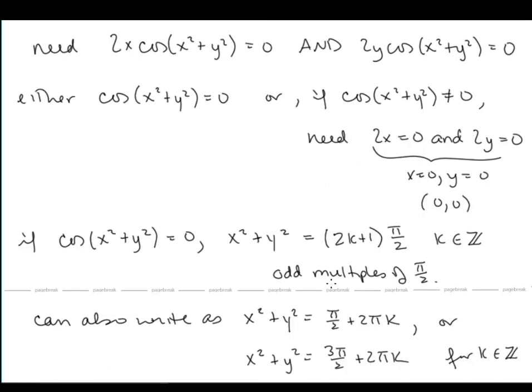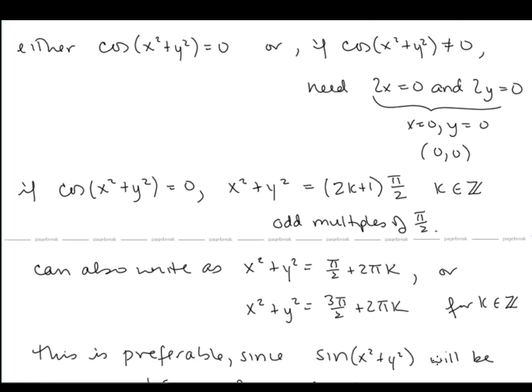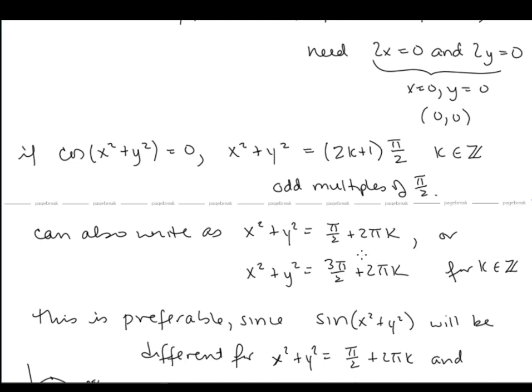But another way we could write this is in two parts. x squared plus y squared is equal to pi over 2 plus 2 pi k, right, adding any multiple of 2 pi. Or x squared plus y squared is equal to 3 pi over 2 plus 2 pi k, again where k is an integer. And the reason why I'm going to suggest that we write it like this is because we're looking at sine values at these points.